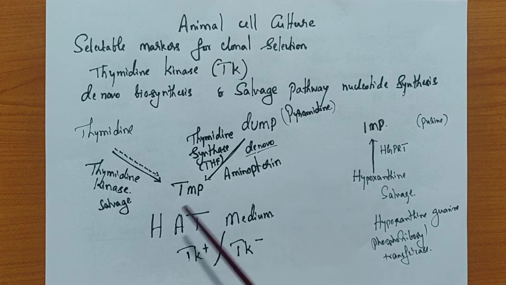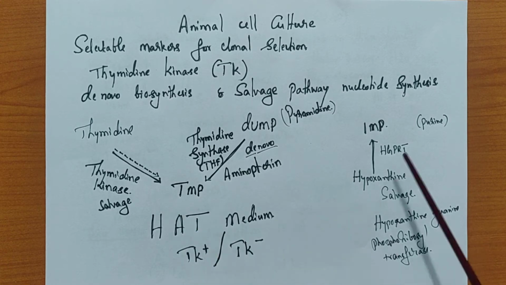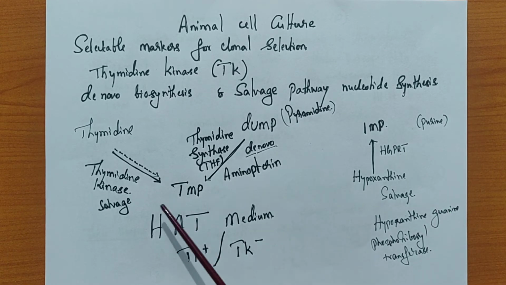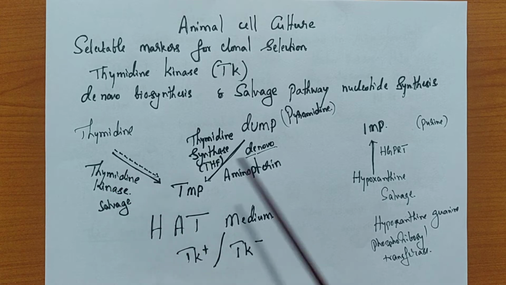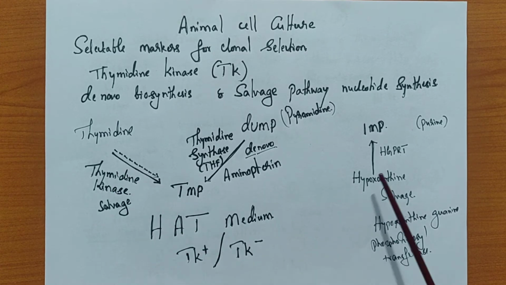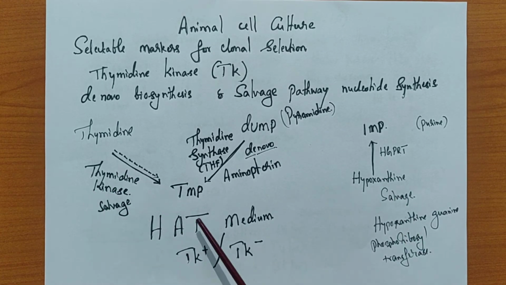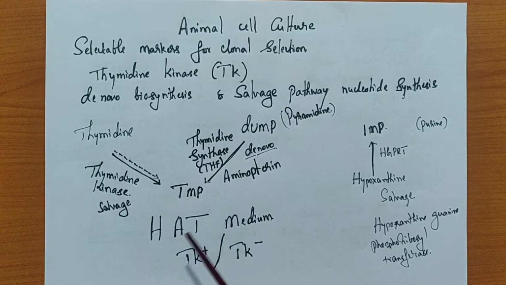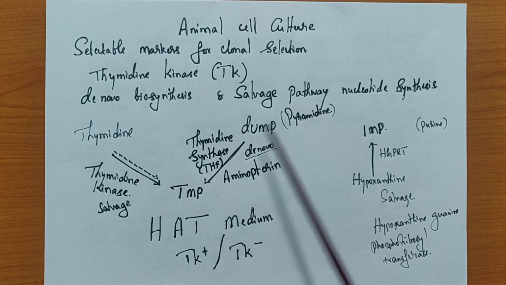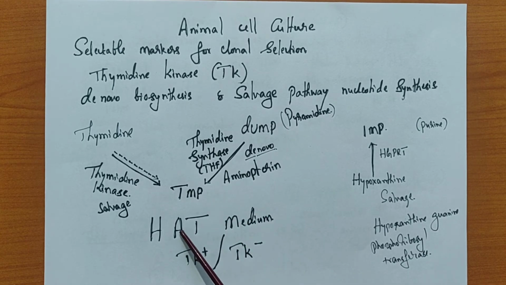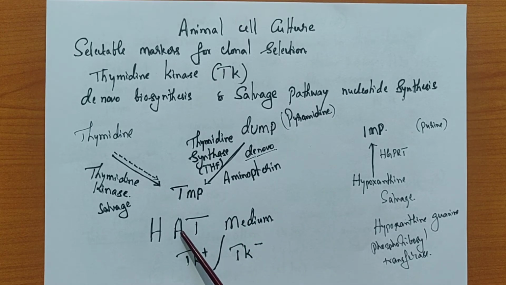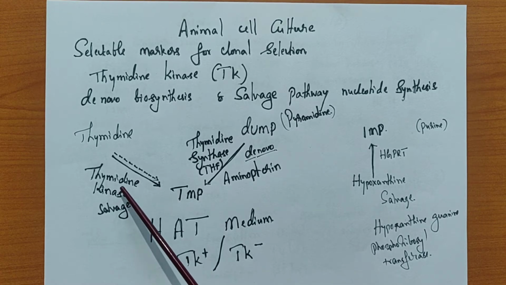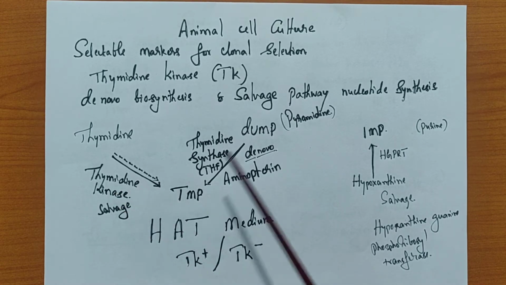Most of the times it is going to be the TK plus and TK minus, but not the HGPRT. In order to have the thymidine kinase be functional, we have to supplement both hypoxanthine and thymidine into the medium. Then in the HAT medium, the regular cells do not survive because of the aminopterin. And since the cell also lacks thymidine kinase, it will not survive.